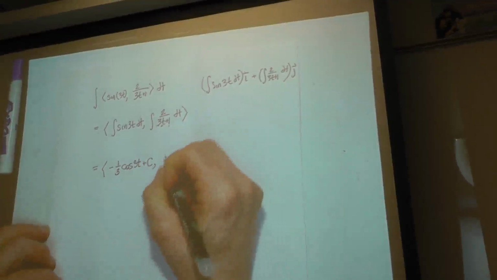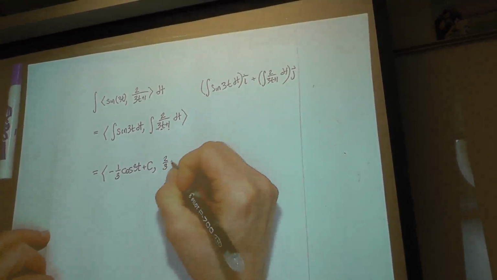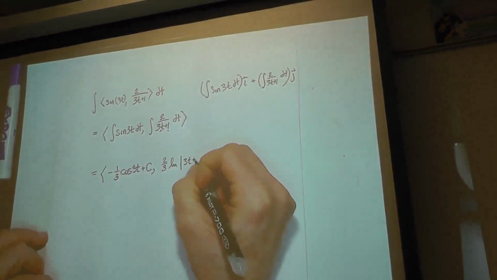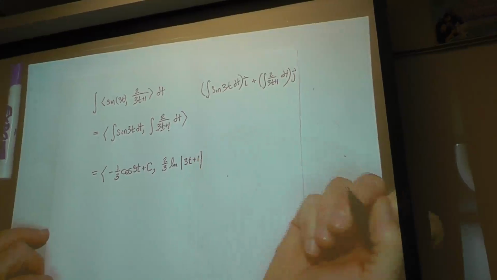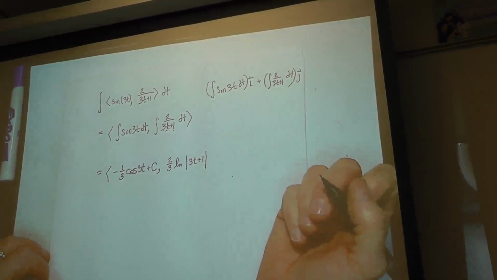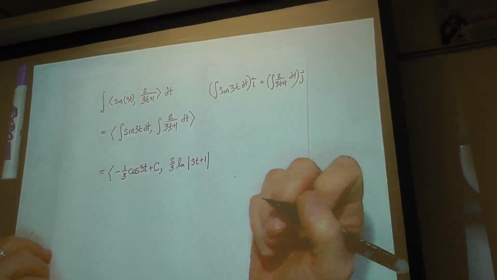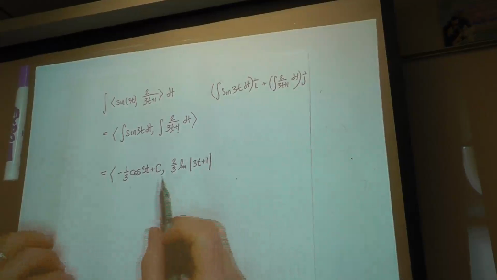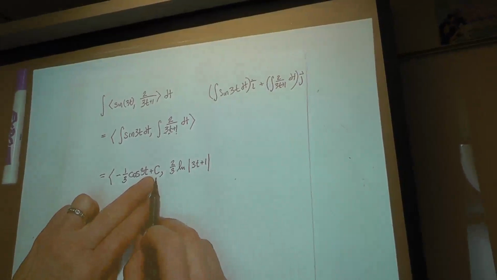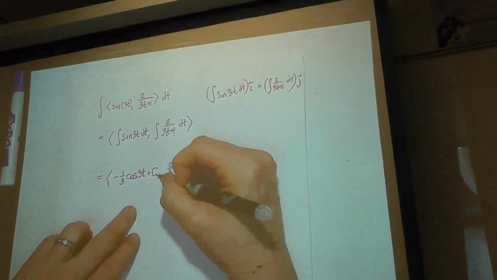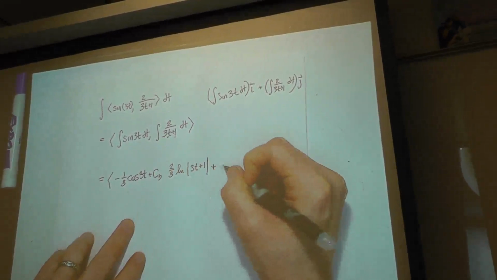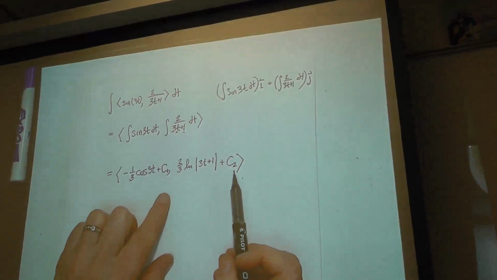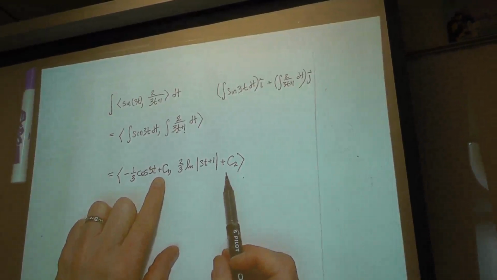So this is going to end up being 2/3 natural log of absolute value of 3t plus 1. And it's an indefinite integral, therefore I've got plus c here. Or if you want, you can go c1 plus c2. But in some way, shape, or form, you've got to indicate that those constants may not be the same.